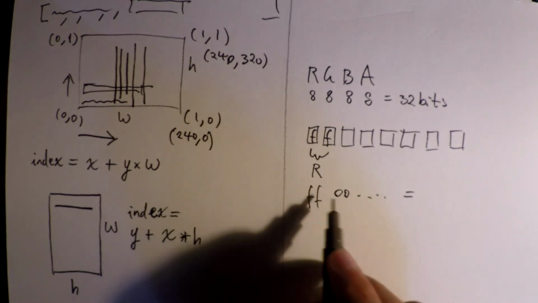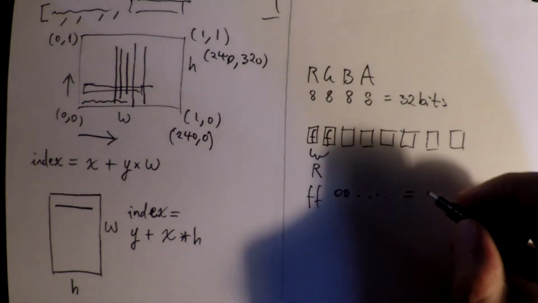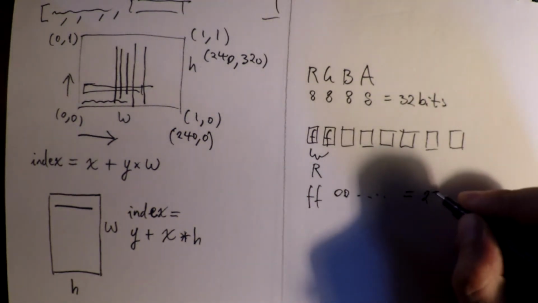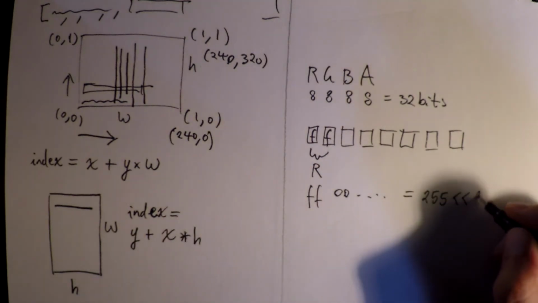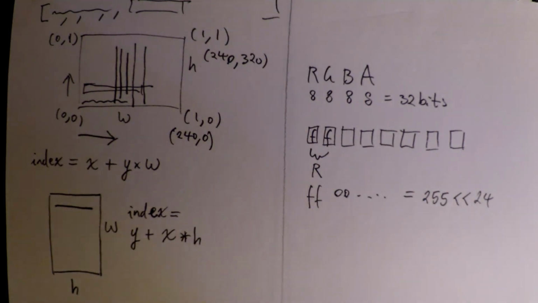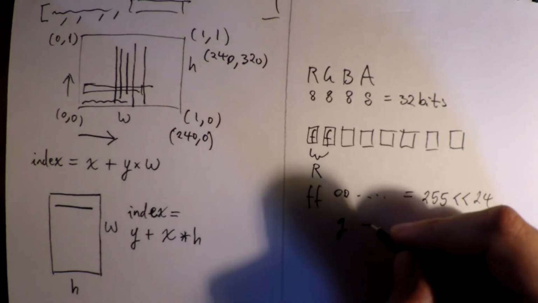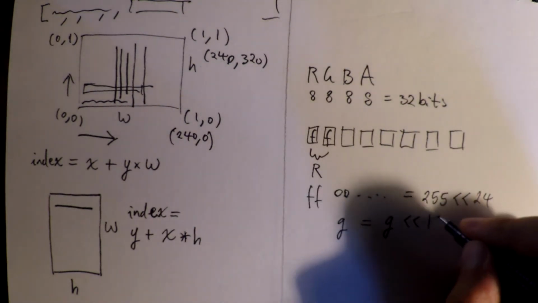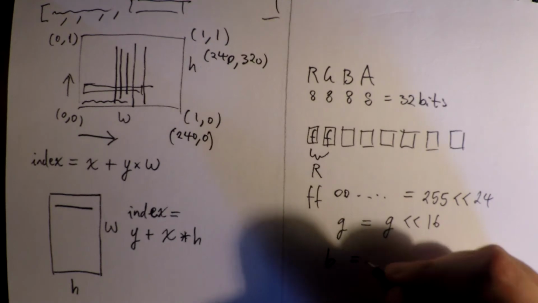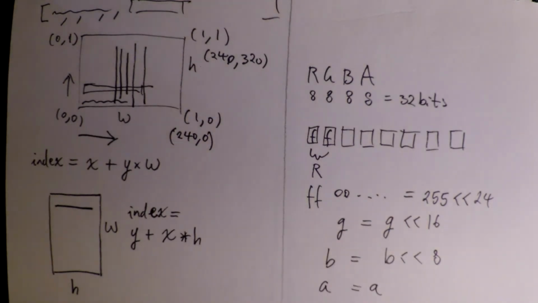If I want to get a number which is 255 in the red and 0 in everything else, then I take the number 255 and shift it to the left by 24 bits. Similarly, for green, I take my green number between 0 and 255 and shift it to the left by 16 bits. For blue, I shift it to the left by 8 bits, and I don't have to do anything to my alpha. So hopefully that makes sense.